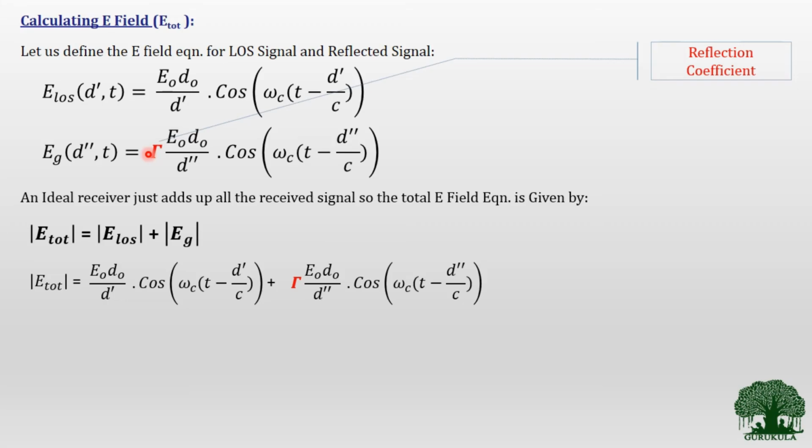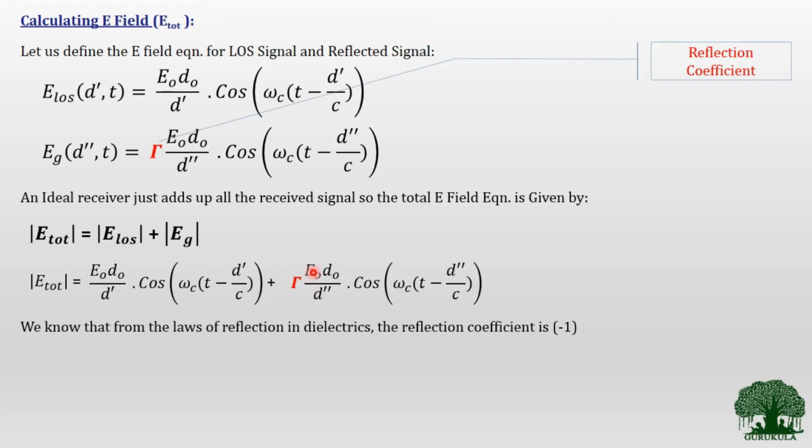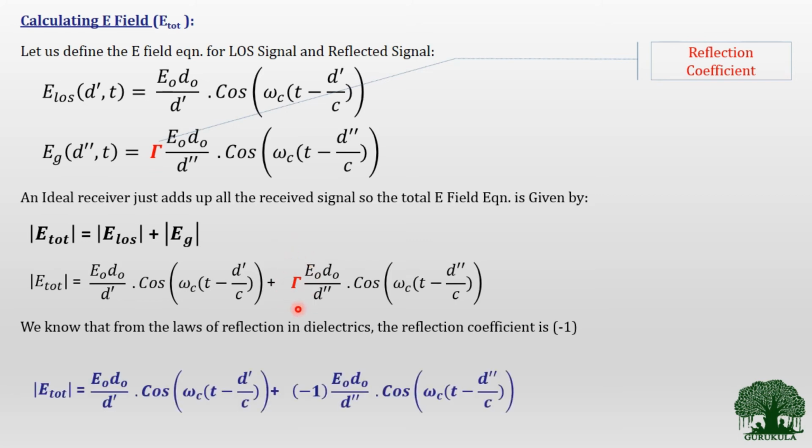In order to take out the reflection coefficient for the loss of reflection from the dielectrics, we very well know that the value of the reflection coefficient will be -1. So by replacing -1 in this particular equation, I will end up with the final E total equation as this.